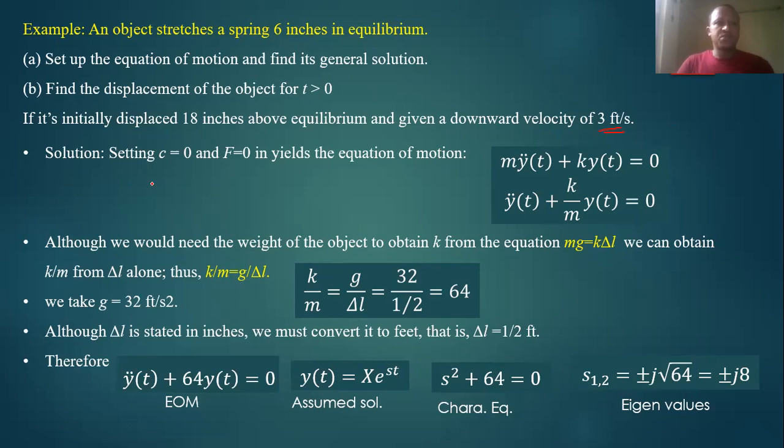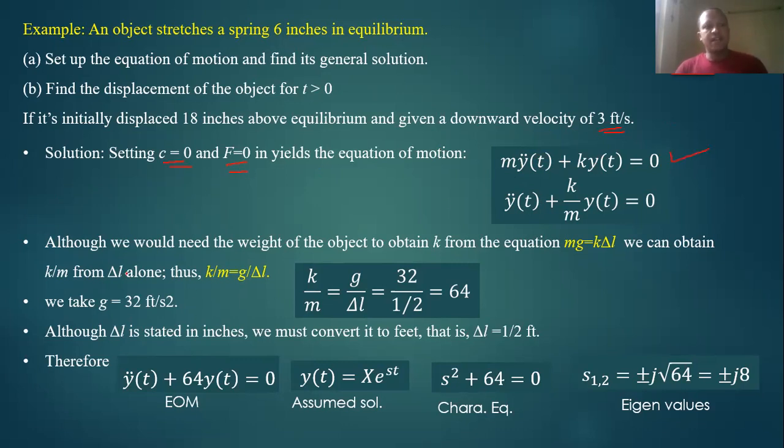When we come to the solution, it is undamped, so c is equal to 0. It is free, so f is 0, which gives us m y double dot plus k y equal to 0. This is the type of equation we have.